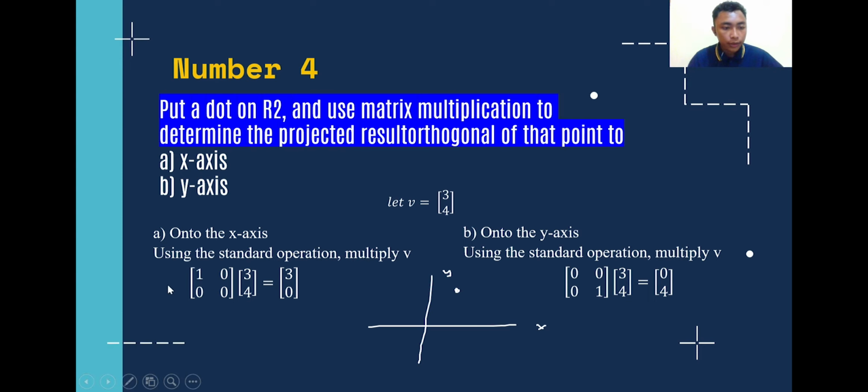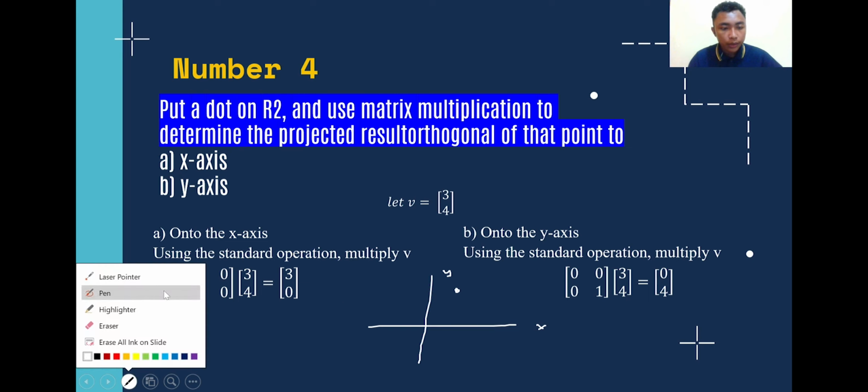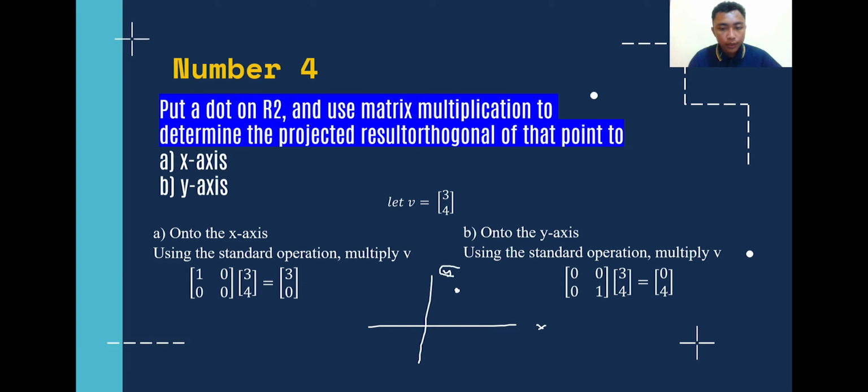So first we will determine the orthogonal projection onto the x-axis. That means we will make the value y become 0, because we will move the coordinate to this x-axis.